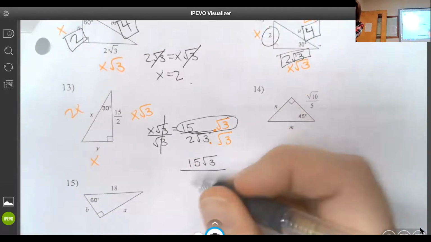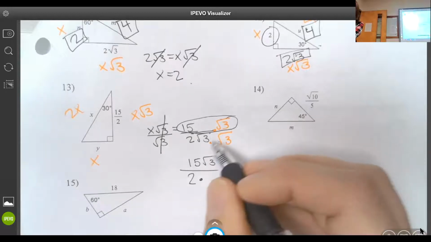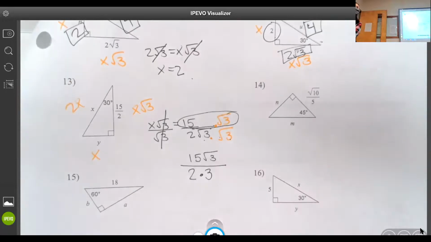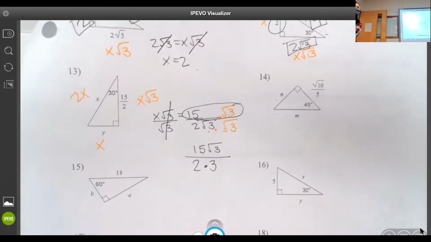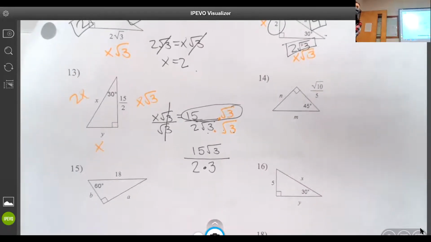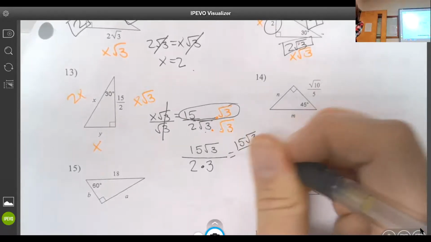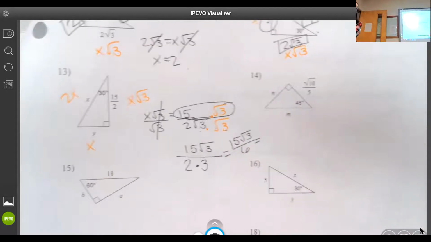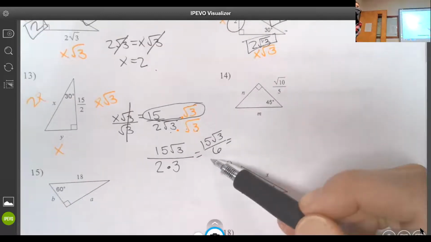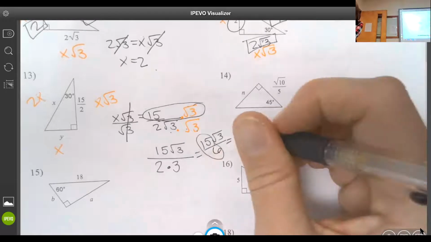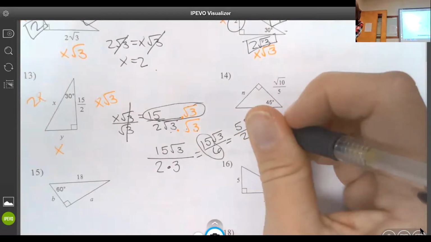And in the denominator, I'll have 2 times rad 3 times rad 3, which is regular 3. The 2 doesn't get affected. It's not a radical. I have 15 rad 3 over 6, which I can reduce. What number goes into both 15 and 6? I can reduce this piece down to, yep, 5 halves.